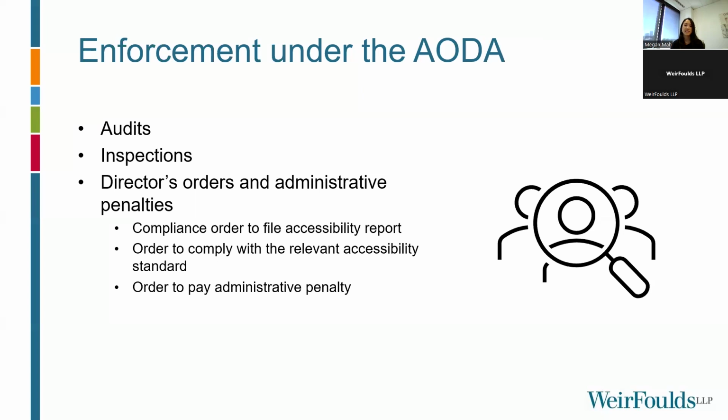Another enforcement mechanism that the government has under the AODA is inspections. So generally speaking, it's not necessary for the government to obtain a warrant. The inspector may enter during regular business hours, and the inspector may require the production of any document, record, or thing required to determine whether the AODA is being followed.